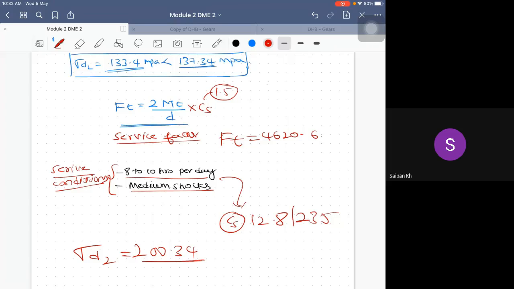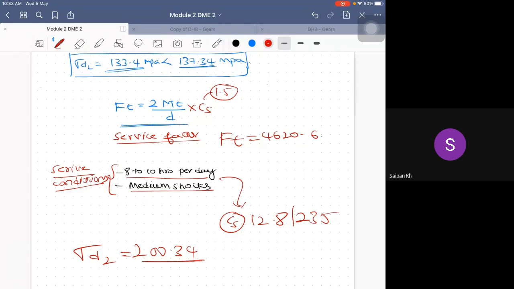Is sigma D2 value 200.34 the right value after considering the service factor? Then what is the right value, Nitesh? What is the right value? 200.11, very close. So how many of you got this value of 200?